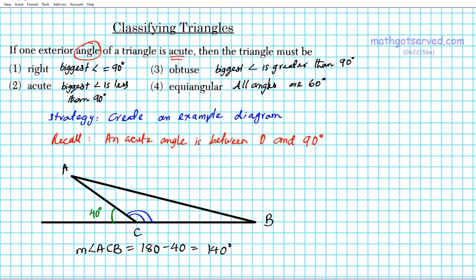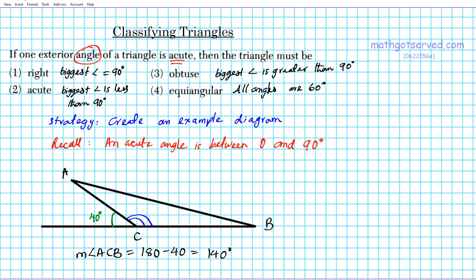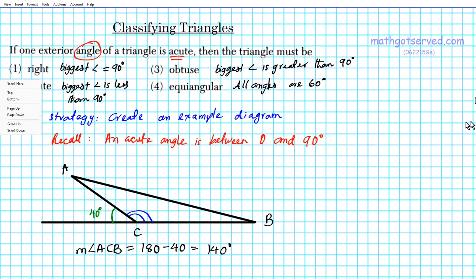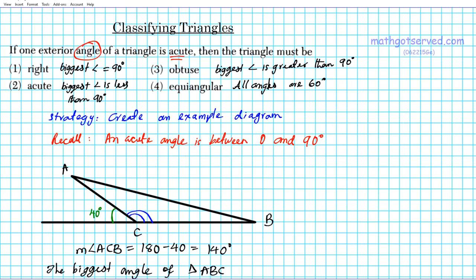Okay, so what do we know about triangle ABC right now? We know that the biggest angle of triangle ABC, let's write that down, is greater than 90 degrees.